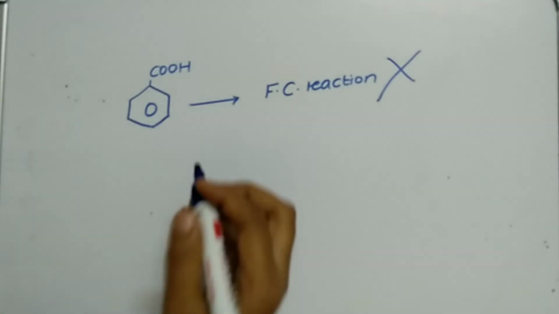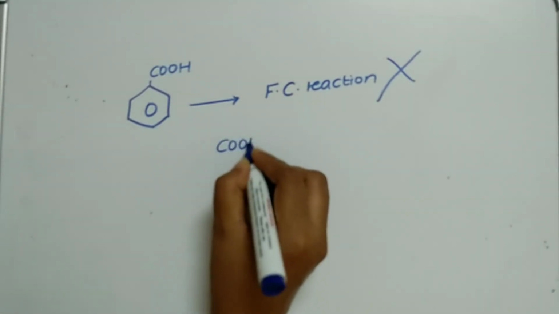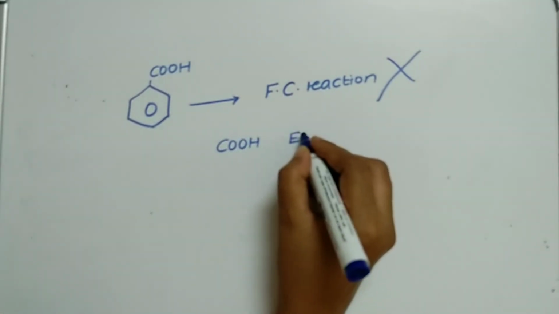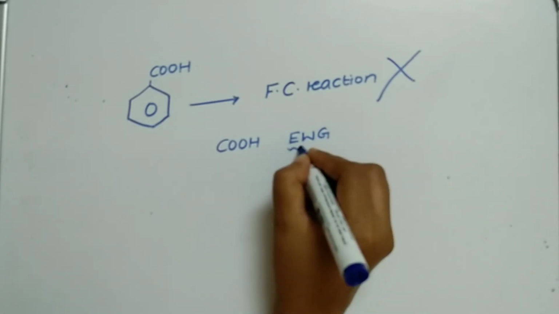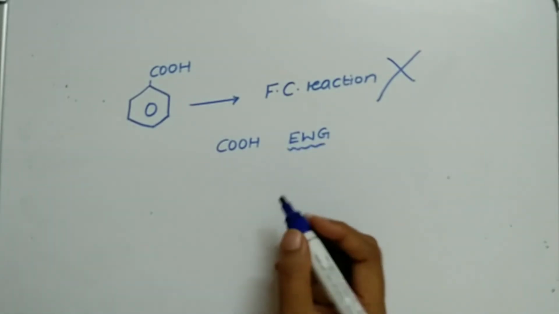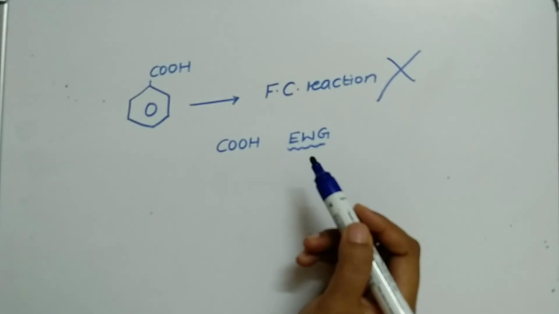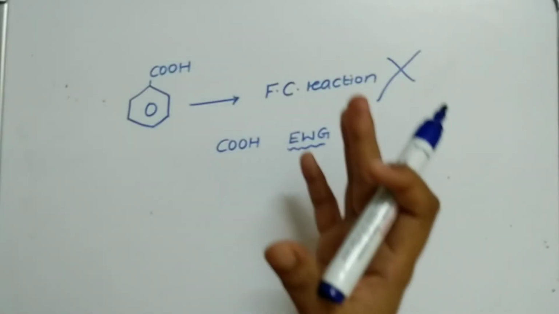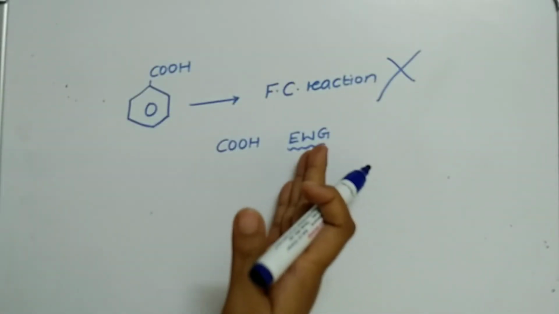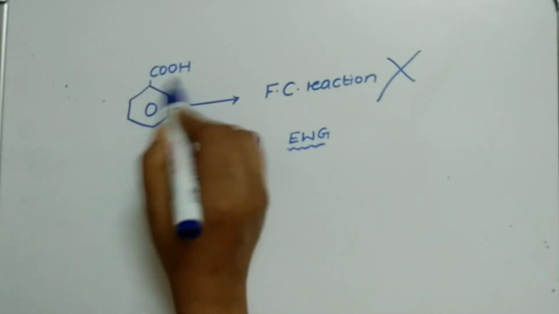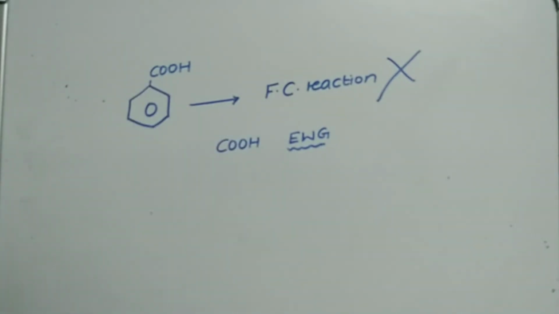What is the reason? This COOH group is an electron withdrawing group. I told you now, right? During resonance it will pull the electrons from the ring towards itself, correct.